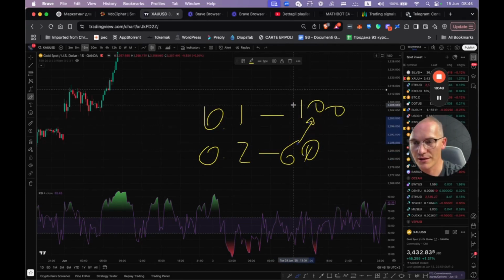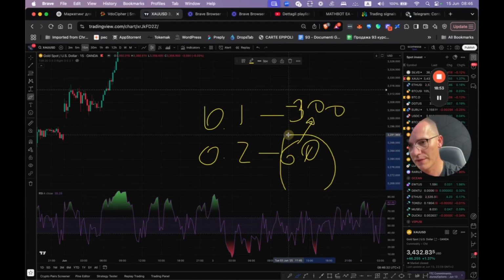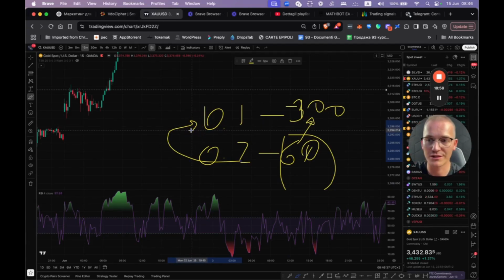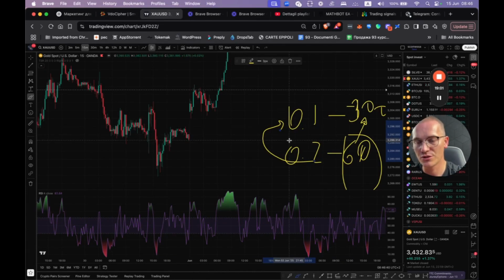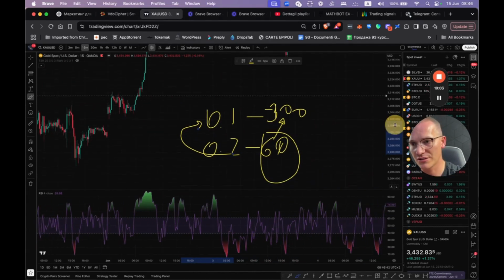If you had a loss of minus $300, you need to make about 5 trades to close out that loss. As soon as you've closed out that loss with a profit, you switch back to the 0.01 lot size. This is very important. And this process continues on and on, repeating itself.